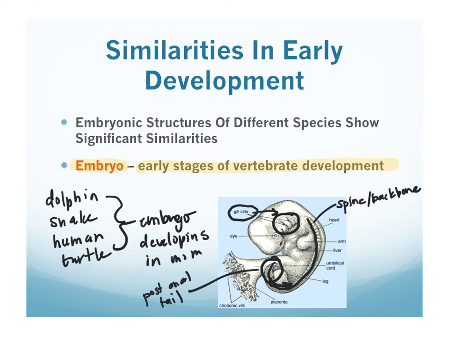But if you're a snake, you will remain with that tail. So this also gives evidence that evolution is real and true in the development of organisms on the planet.